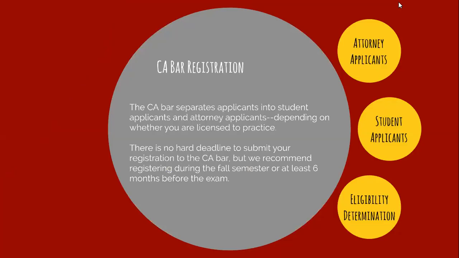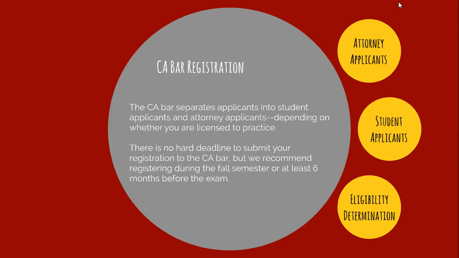In California, they bifurcate applicants based on whether you have a first degree in law, whether you have an attorney license or not. So if you are already licensed, you'll start as an attorney applicant, and if you're not yet licensed, you'll apply as a student.